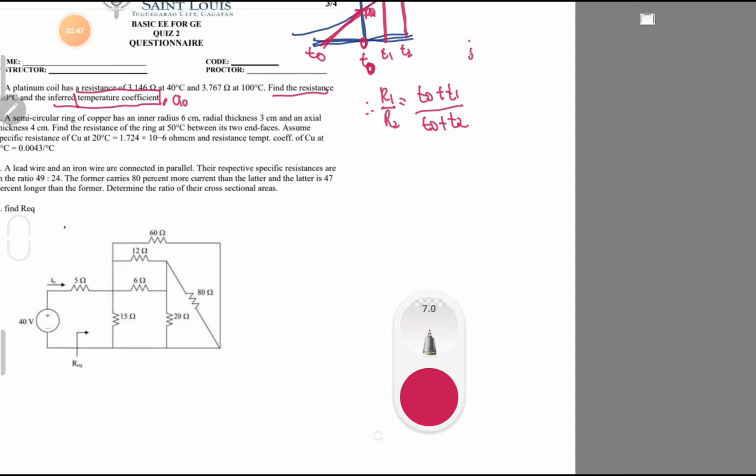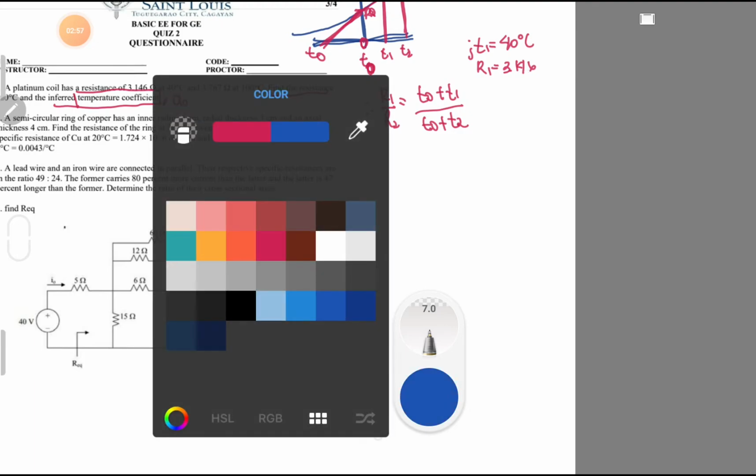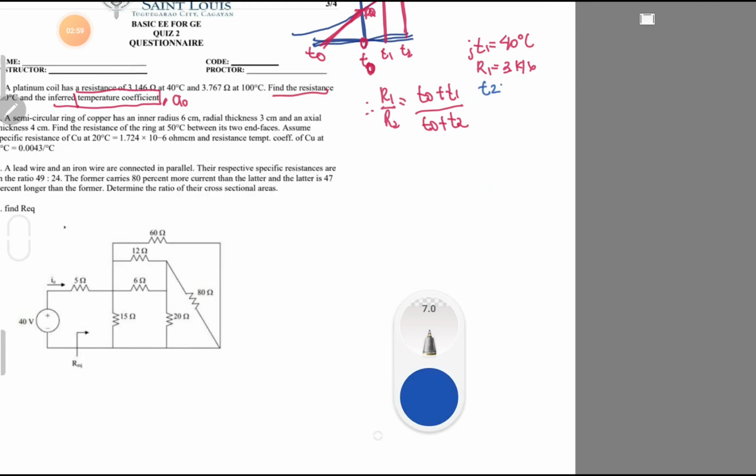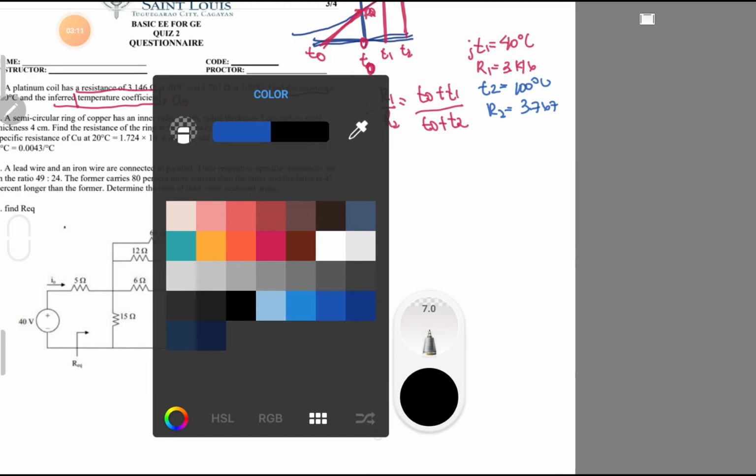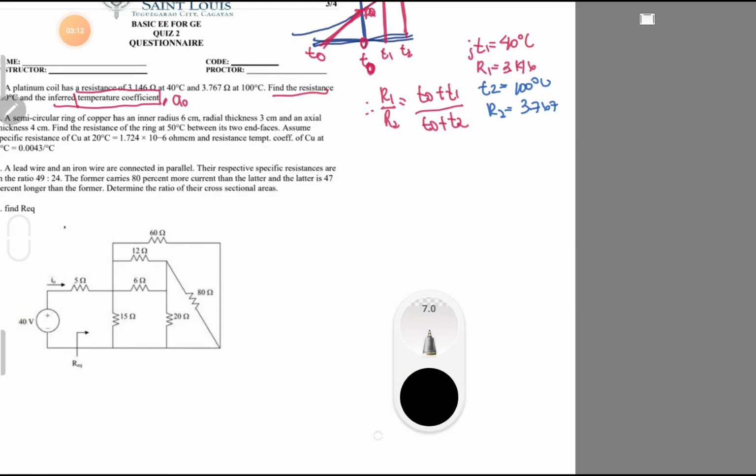So T1 is equal to 40 degrees Celsius. R1 is equal to 3.146. And we also have our T2, which is equal to 100 degrees Celsius, and our R2, which is equal to 3.767. Let's substitute right away.